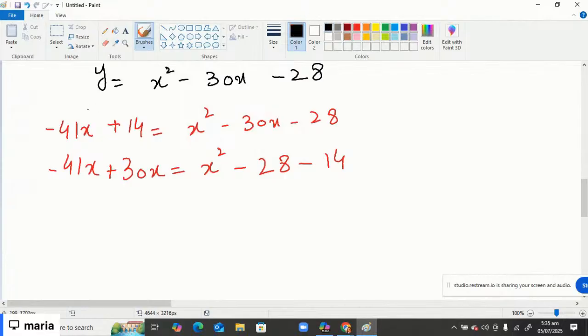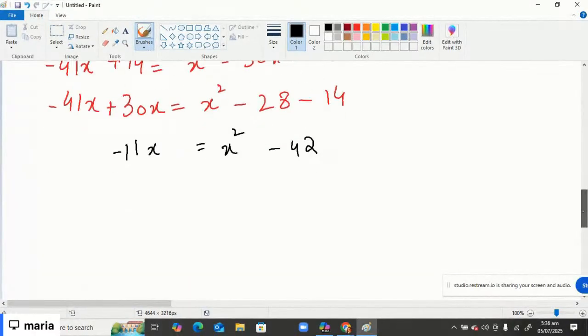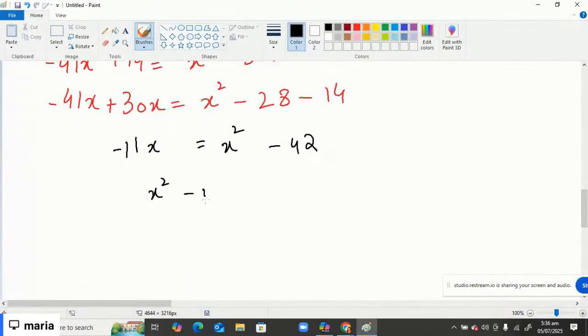Now first of all, 41 minus 30 is 11, so minus 11x. Then here x square minus 28 minus 14, that is addition. So what's the answer? That is minus 42. Now I'm going to arrange it. X square plus 11x minus 42 is equals to 0.